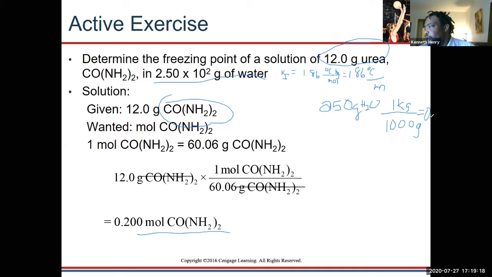So we get 0.250 kilograms, sorry, of water. And then we know molality is just moles over kilograms of water, so we just divide this by that number.